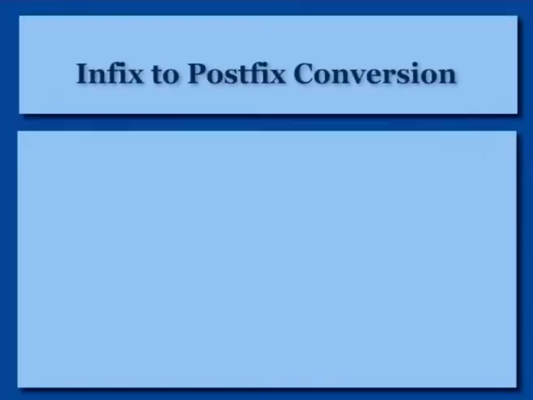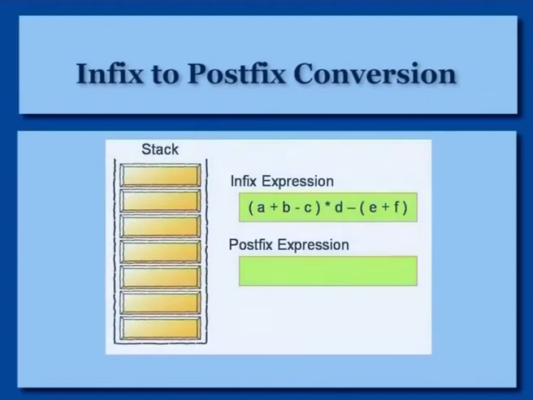We now explain the algorithm with an example. Consider the following infix expression. We have an opening bracket, then a plus b minus c, then a closing bracket followed by star d minus opening bracket e plus f followed by a closing bracket.